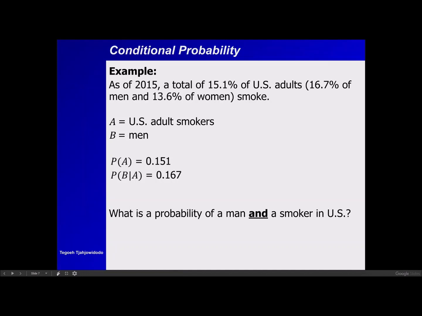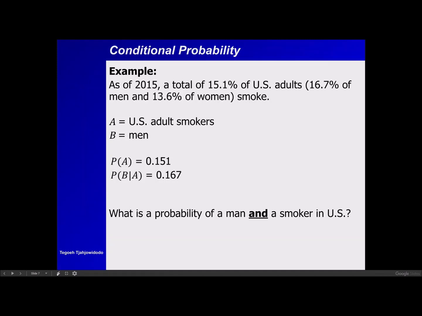Now, if there is a question, what is the probability of a man and smoker in the US? You can find it by calculating the probability of events A and B occurring together, because we are looking for the probability of a man as well as a smoker.